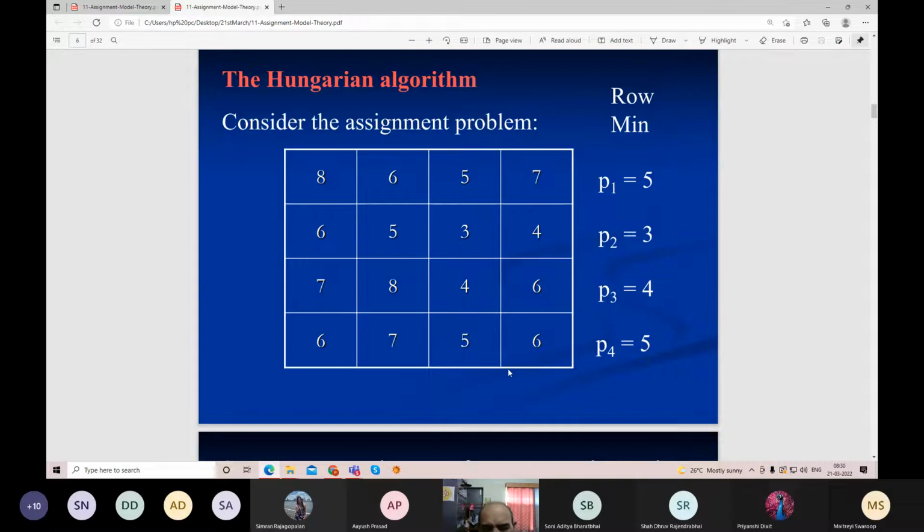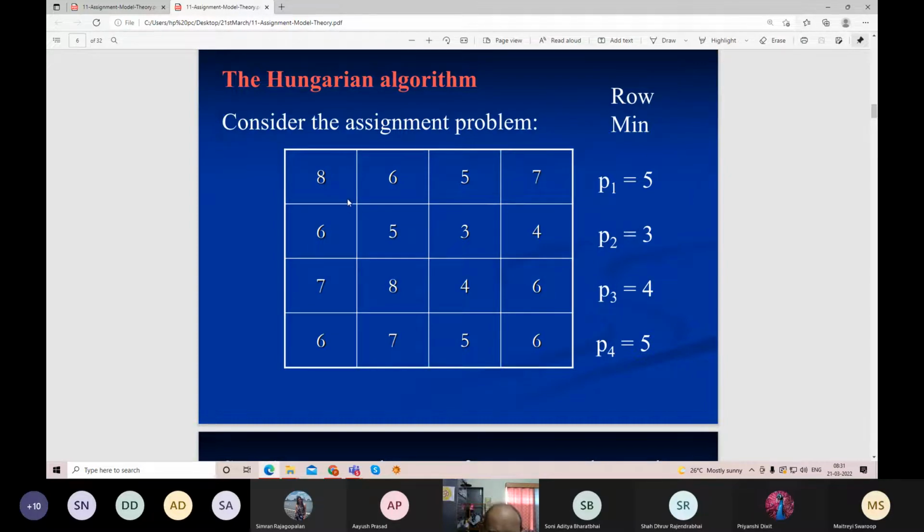So we have to learn how to achieve a solution using the Hungarian algorithm. First thing we should do, take the row-wise minimum. First row minimum is 5, second row minimum is 3, third row minimum is 4, and fourth row minimum is 5. So we should subtract 5 from all the first row elements.